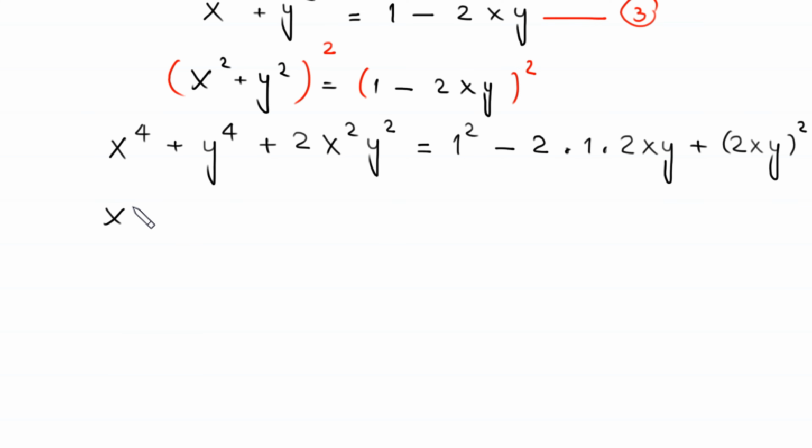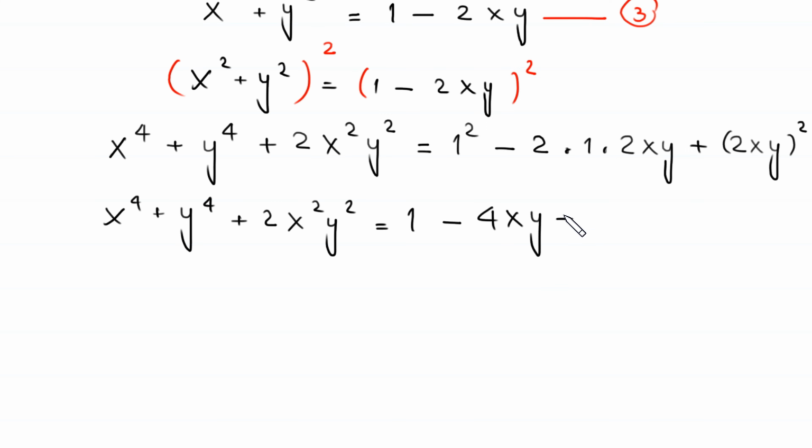Next, x to the power 4 plus y to the power 4 plus 2x squared y squared is equal to 1 squared is 1. Negative 2 times 1 times 2xy will become negative 4xy, plus this 2xy whole squared will become 4 times x squared y squared.